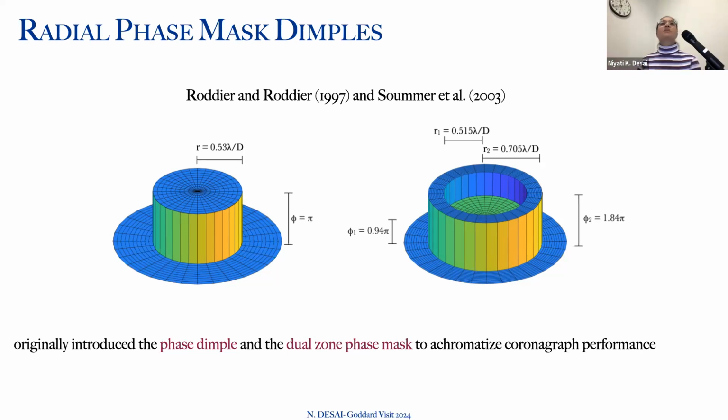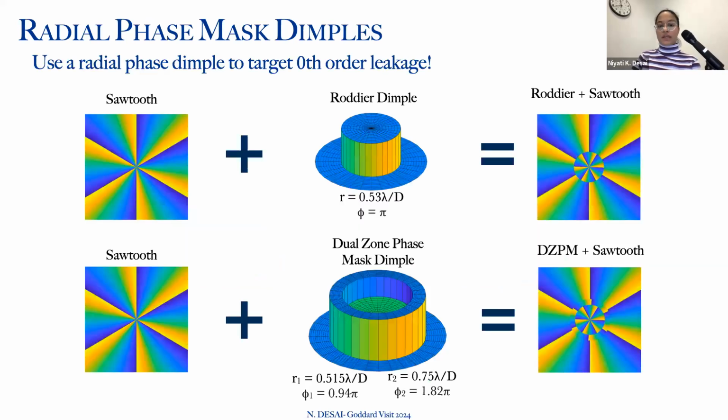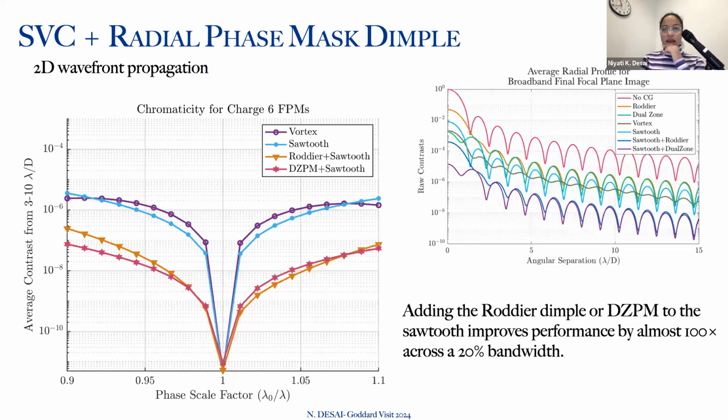So slightly different use case, but let's just see what happens when I combine these with the vortex designs that we were looking at. That's exactly what I did, simulating adding these to the sawtooth pattern, which we've already seen is better than the regular 0 to 12 pi ramp. These are all simulation results, and this is what we call the V curve. I call it the V curve just because you can see the shape here, and ultimately the goal is to push down the V curve, especially at the edges when you're going further and further away from the central design wavelength.